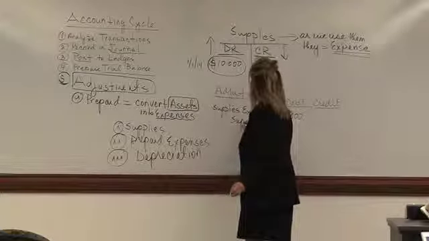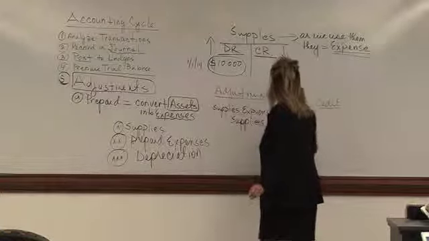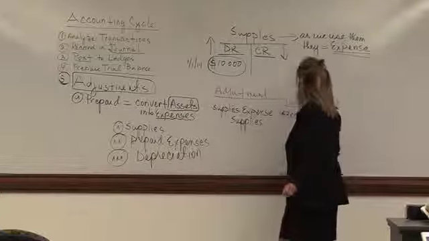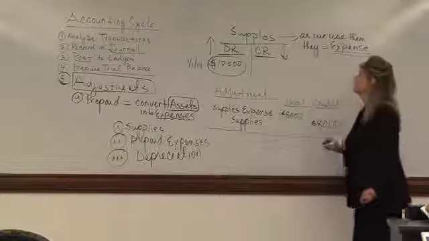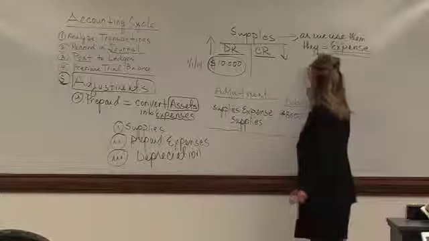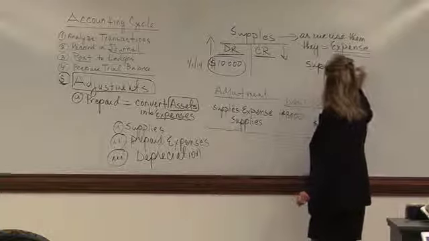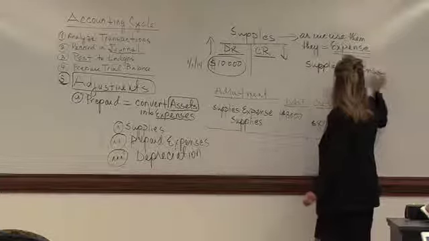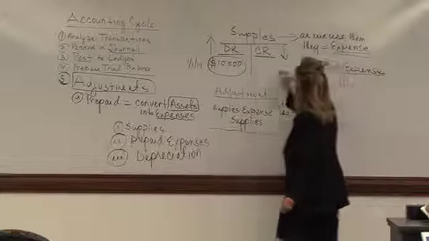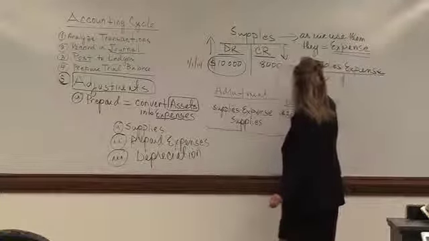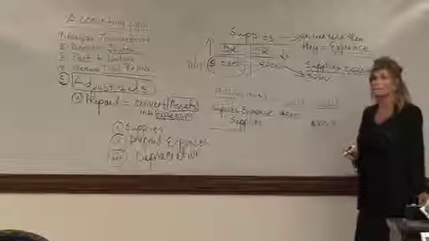And we will credit the asset supplies. So that is the first type of adjustment that falls under prepaid. And so what will happen is our asset supplies will go down, and it becomes an expense.